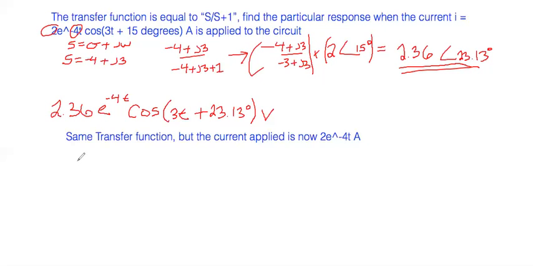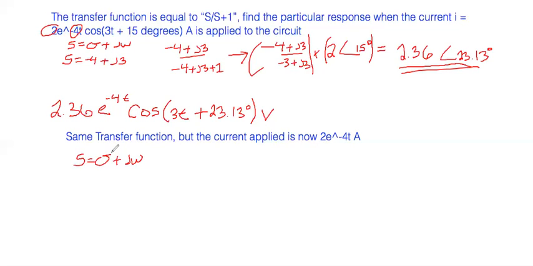So we go back to our original S equals sigma plus j omega. Only in this instance, there is no sinusoidal function here. We have no cosine in this equation right here. It's just 2e to the negative 4t. That's just a dying exponential.